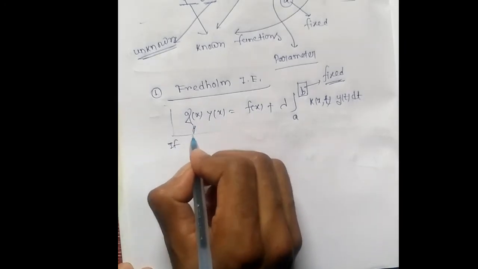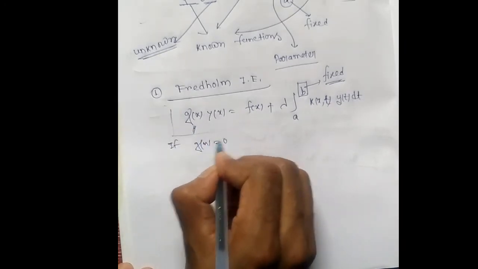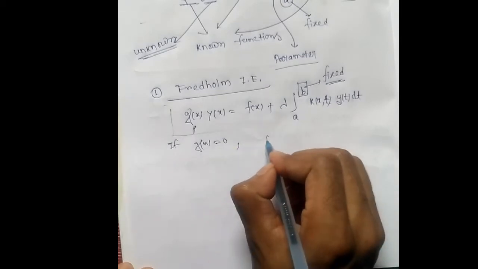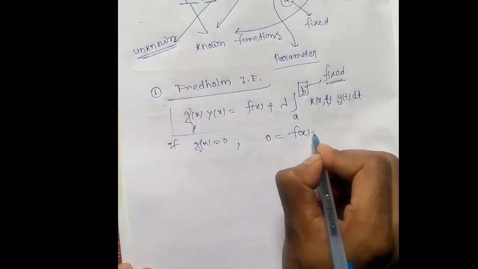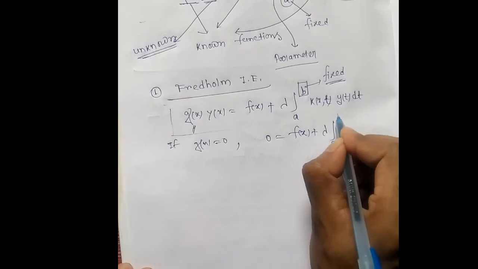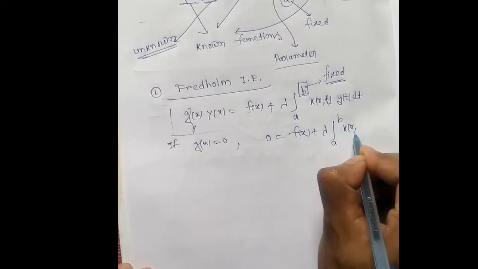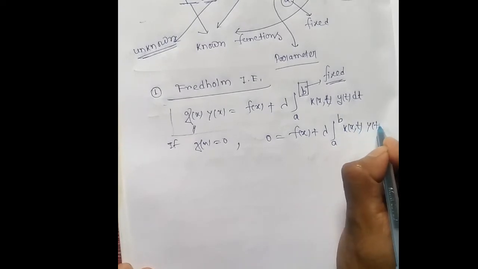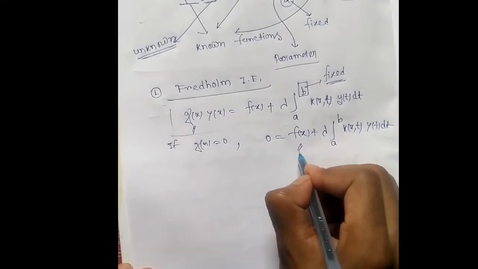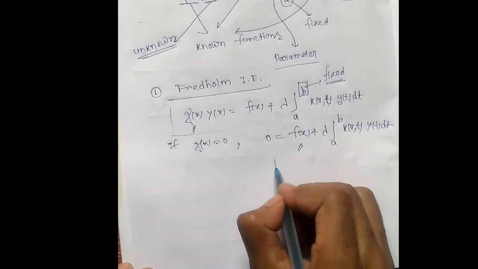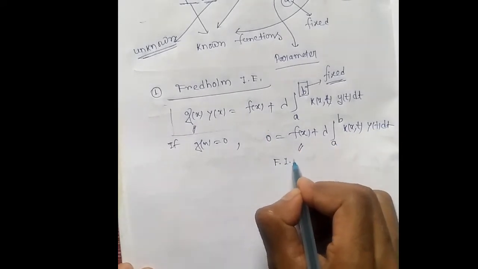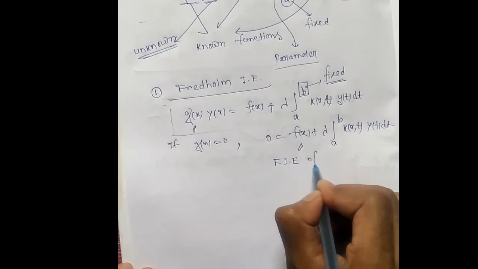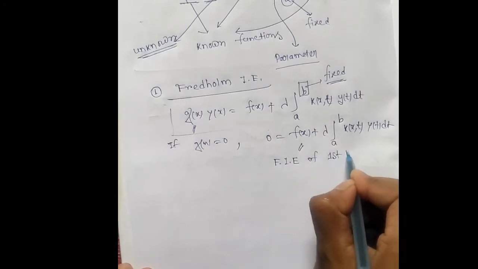Now if g(x) is 0, then we get 0 equal to f(x) plus lambda integration over a to b K(x,t) y(t) dt. This is called a Fredholm integral equation of first kind.